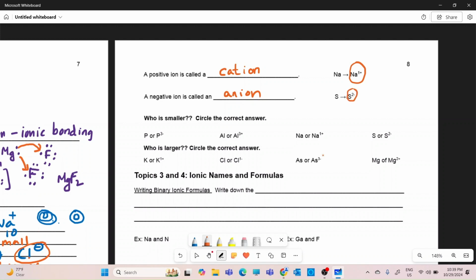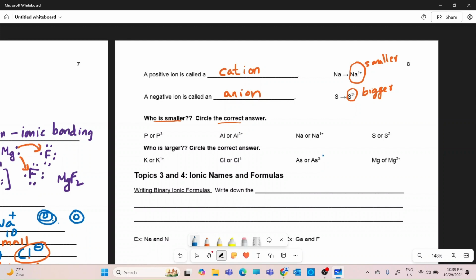Now the question is, cations will be smaller and anions will be bigger. So who is smaller among the pairs? Circle the correct answer. We are going to find the smaller one.